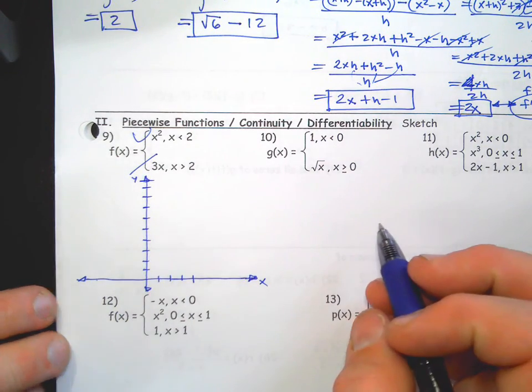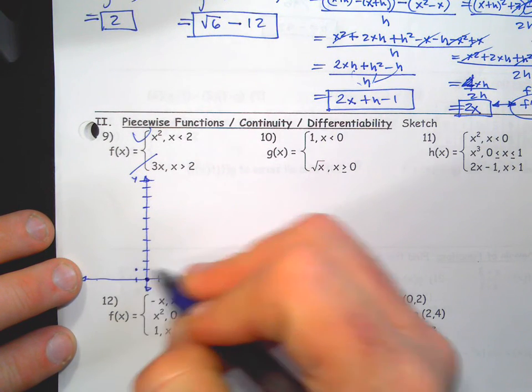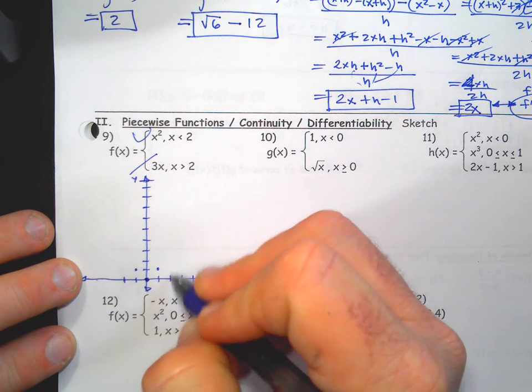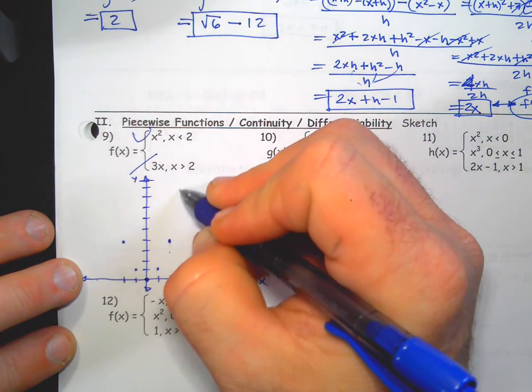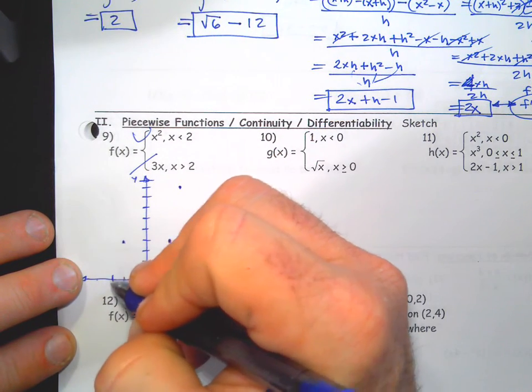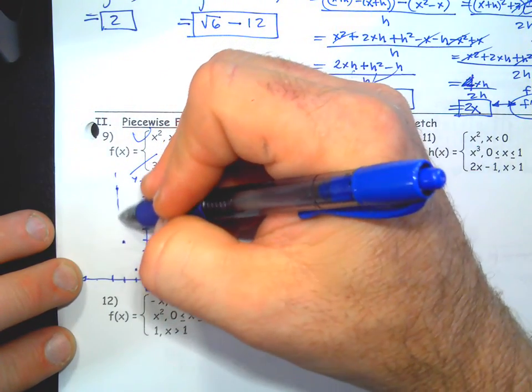Let's try this out. So x squared: 0, 0, 1, 1, 2, 4, 3, 9. So you guys know that basic shape. I'm going to draw it lightly.